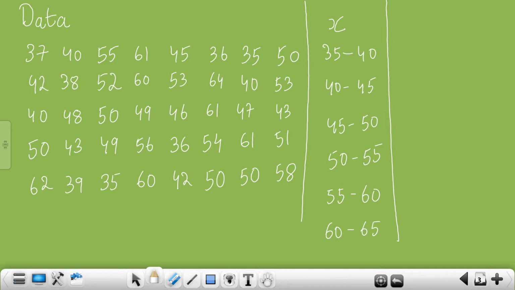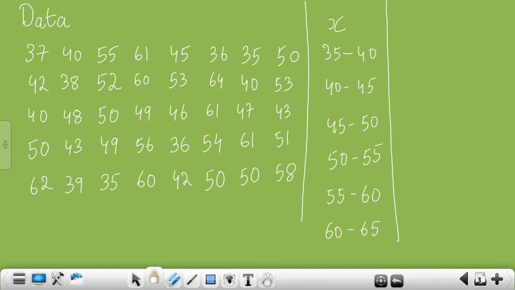You need to keep this in mind, because when you are preparing the frequency distribution, you always need to take into account the lower limits and upper limits of the continuous series data, and also identify whether the classes given are exclusive or inclusive.